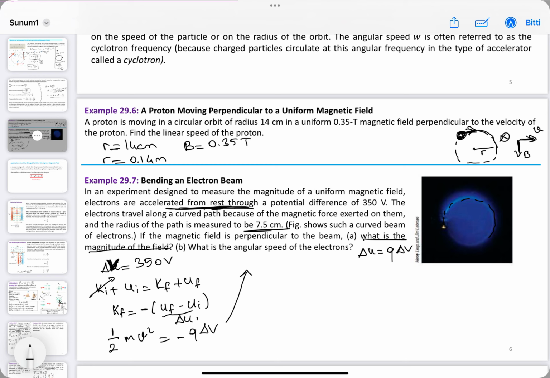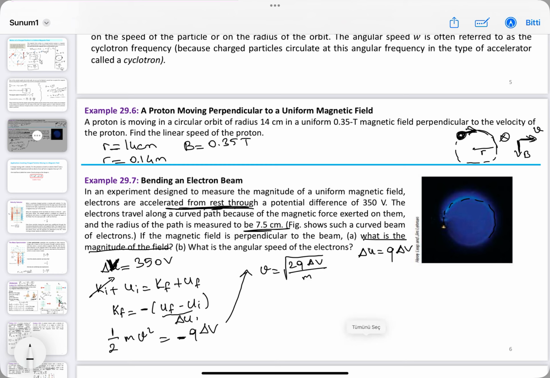If I write everything here, the velocity will be, I have to forget the minus, otherwise I will explain when I show the formula, 2q delta V over mass.